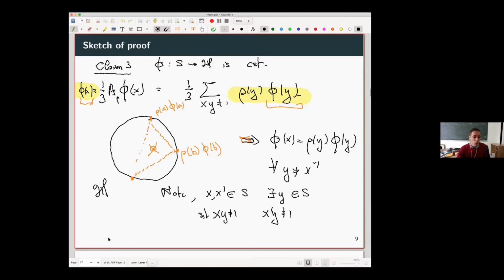So if you apply the previous identity, you will get that phi of x, on one hand, is equal to rho of y, phi of y. But that also, if you apply it with x prime, phi of x prime. So what I claim is that phi is constant. So it takes the same value on every generator.